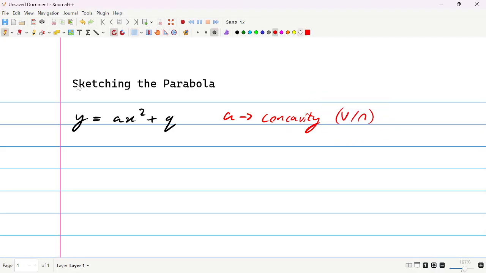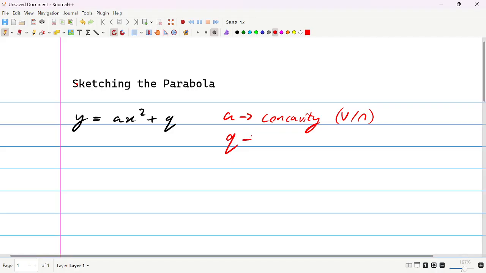And then the q represented the vertical shift.